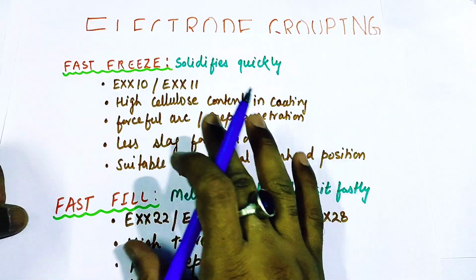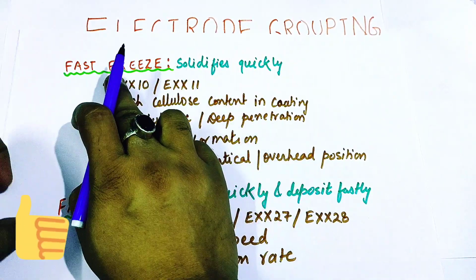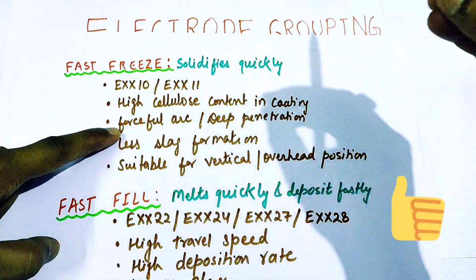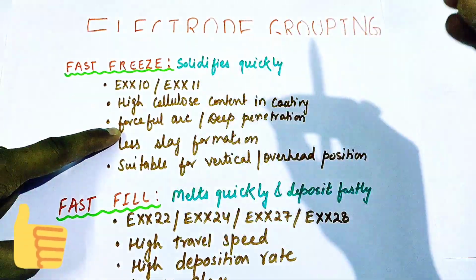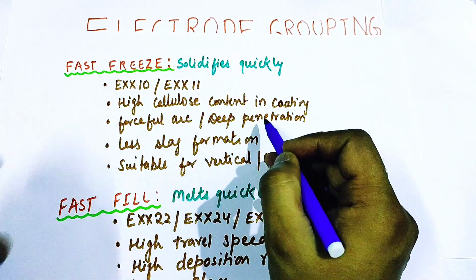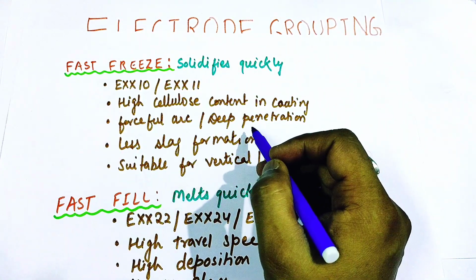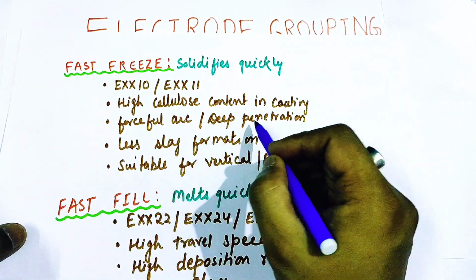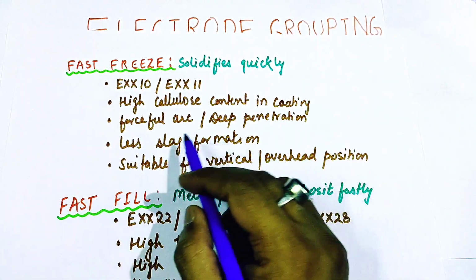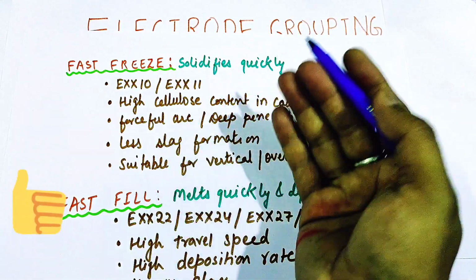And also a very big speciality of fast freeze electrode is that it gives a forceful arc, means the arc forces itself down, that's why the penetration is very deep.